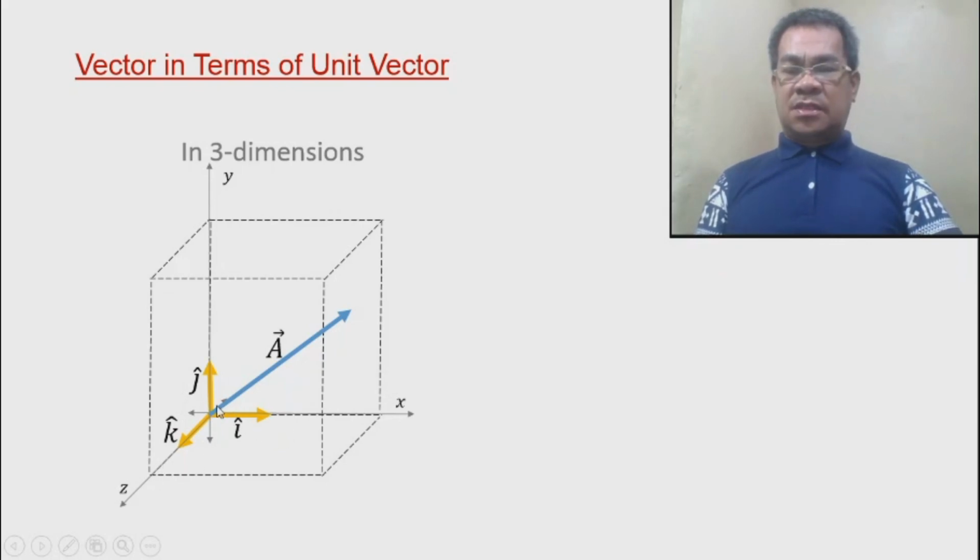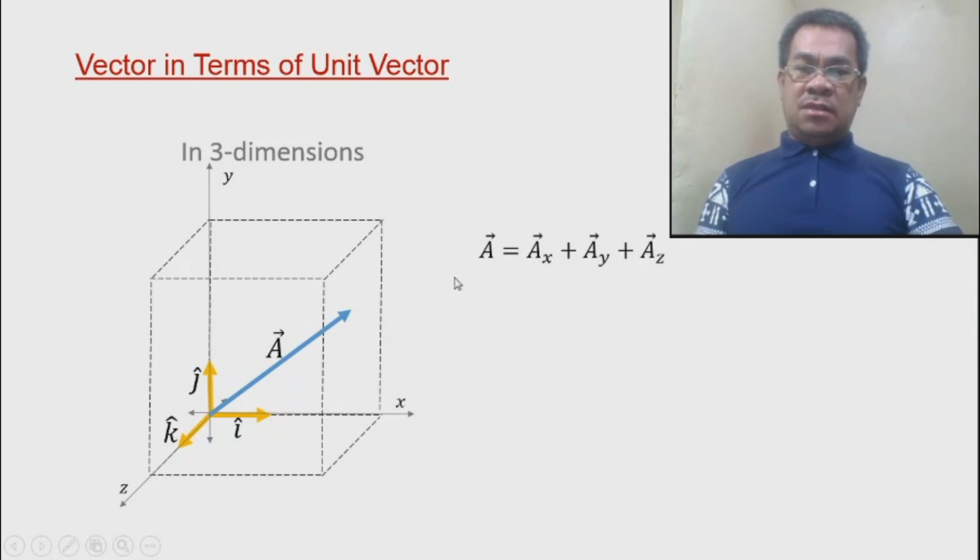The i hat is positive towards the positive x, j hat is positive towards the positive y, and k hat is positive towards the positive z. The reverse directions are negative.